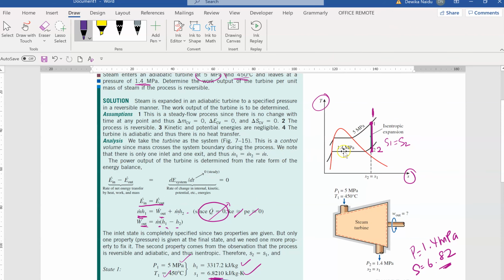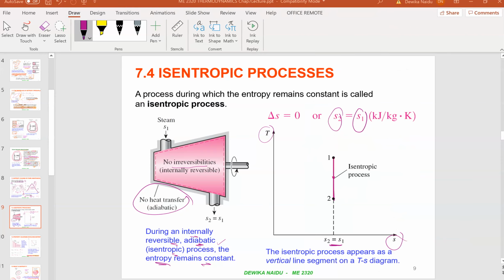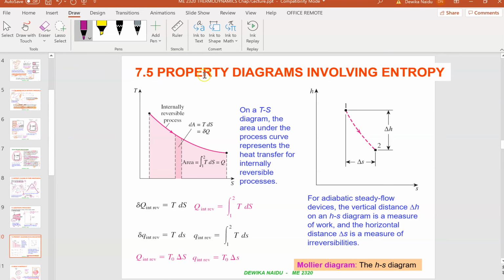Next I'm going to move on to the last part of this chapter, which is the property diagram involving entropy. This is a very unique diagram. In this case it is enthalpy versus entropy. For an adiabatic steady flow device, the vertical distance of delta H on the HS diagram is a measure of work.